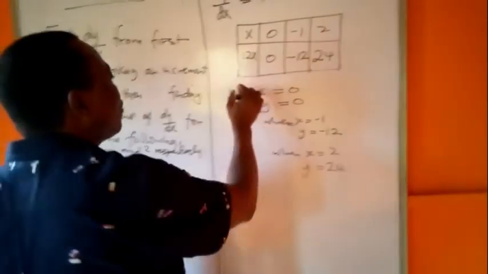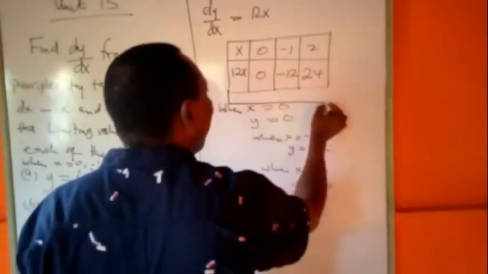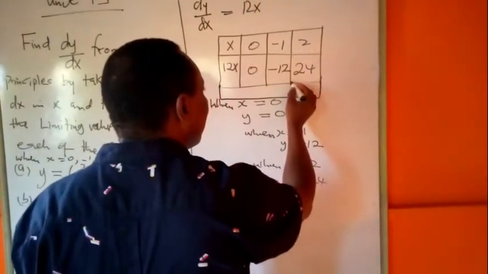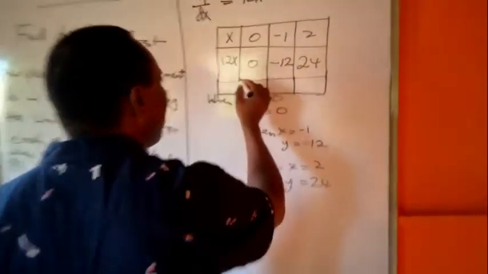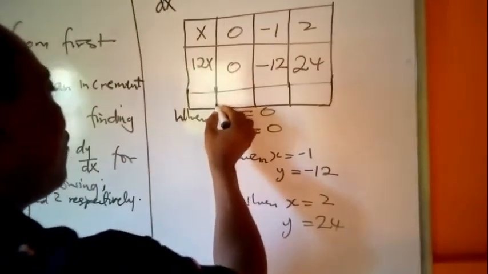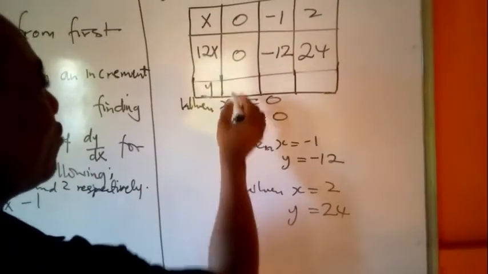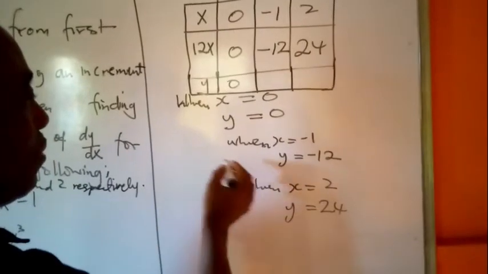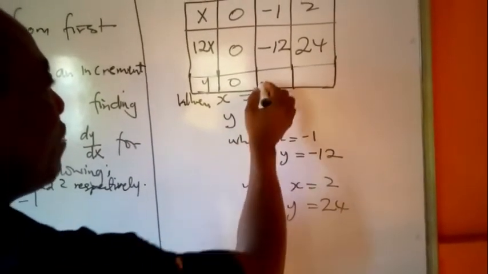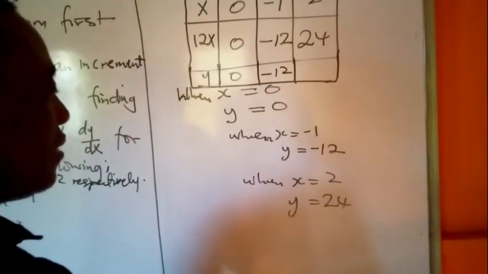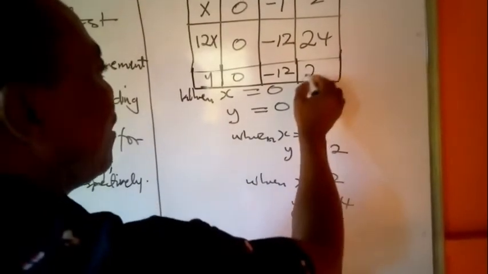So we can now come to the table here and insert these values. When x is equal to 0, y is 0. When x is equal to minus 1, y is minus 12. When x is equal to 2, y is 24.